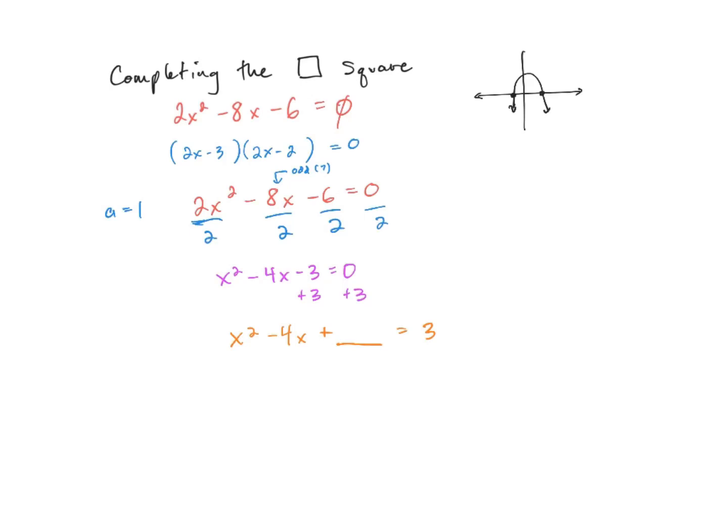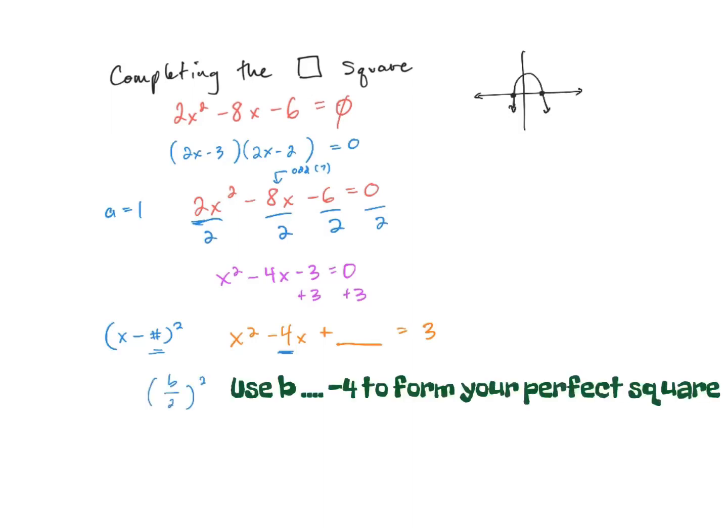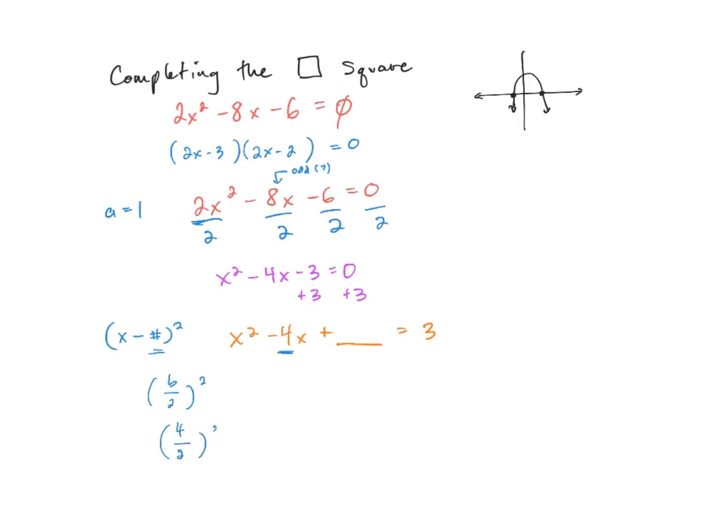Now, basically what I'm doing is creating this so that I can end up with x minus a number, squared. That's ultimately what I want. Now, what I need to do is find a number here that's going to give me a 4x. So I'll take my middle number of 4, which is my b in this case, and do b over 2 squared, which would give me 4 over 2 squared, which gives me 2 squared, or 4.